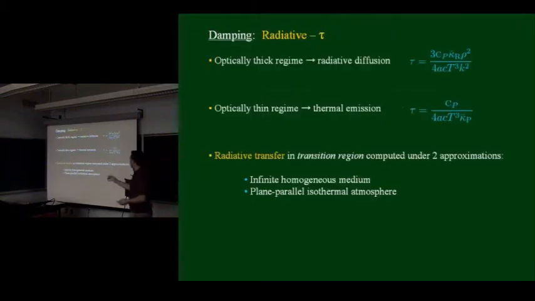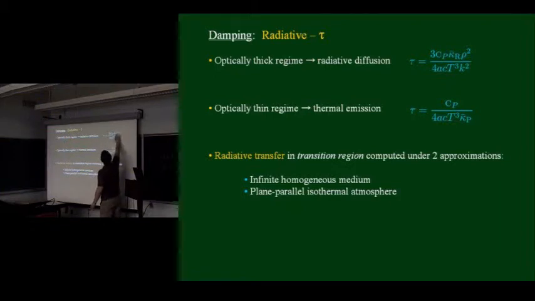So this damping time scale. It's easy to compute in either the optically thick regime or the optically thin regime. When you're optically thick, this time scale goes like the density cubed or the density squared. In the optically thin regime, it's independent of the density, so this time scale approaches a constant at high altitudes.